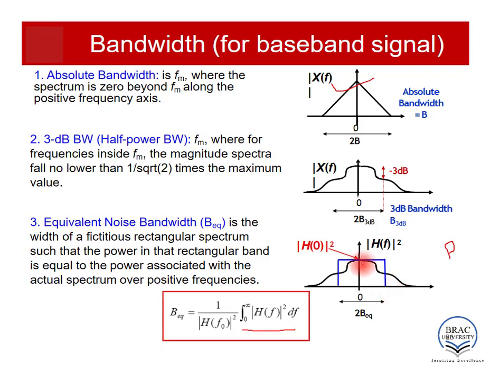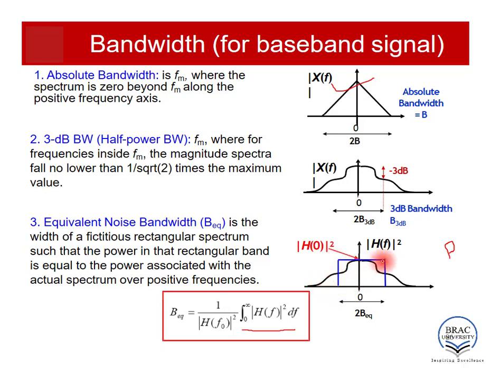As we know the formula for calculating the power, we can calculate the power of the positive side by integrating the square of the spectrum from 0 to infinity. That is the power of this black spectrum. Now the definition is that the power of this blue portion needs to be the same. So what is the power of this blue portion? Again we integrate from 0 to some value, and the integration will be over |H(0)| squared, right?